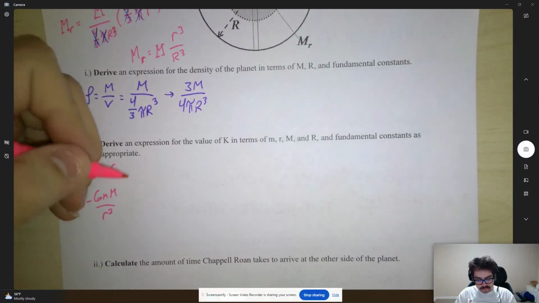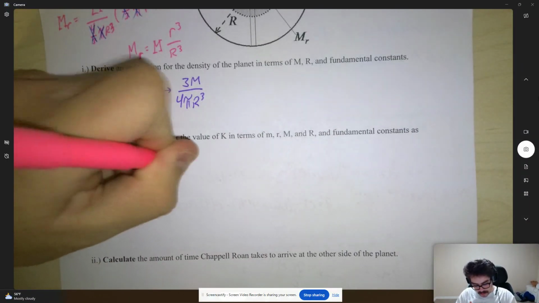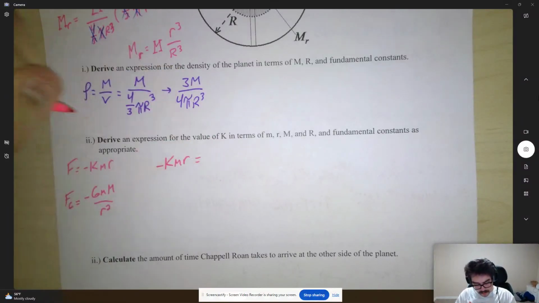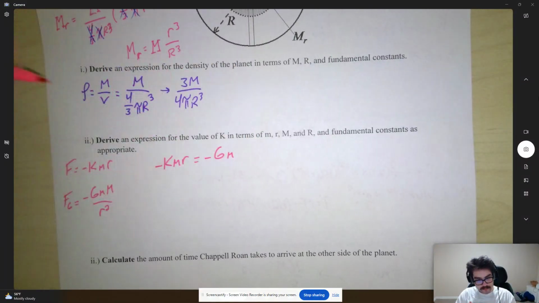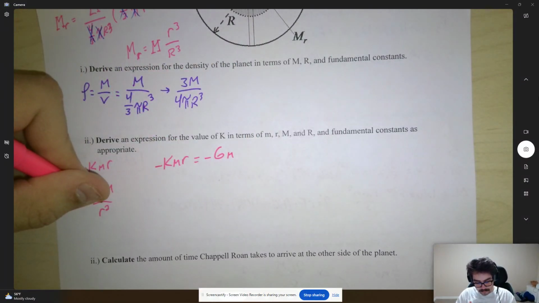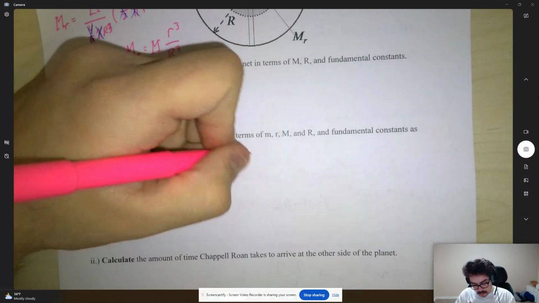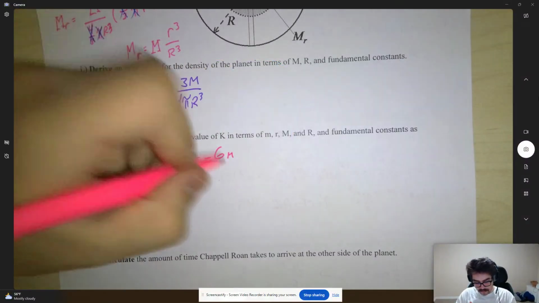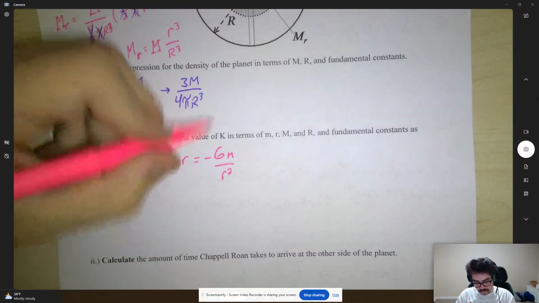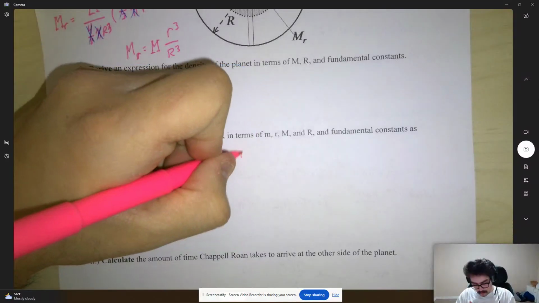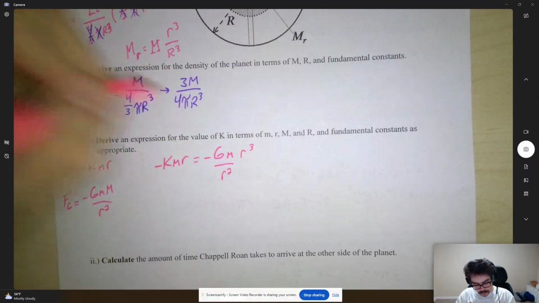So I'm going to say negative kmr is equal to negative G little m, mass of Chapel Roan, times big M, which I'm going to put off to the side, over R squared, times little r cubed.